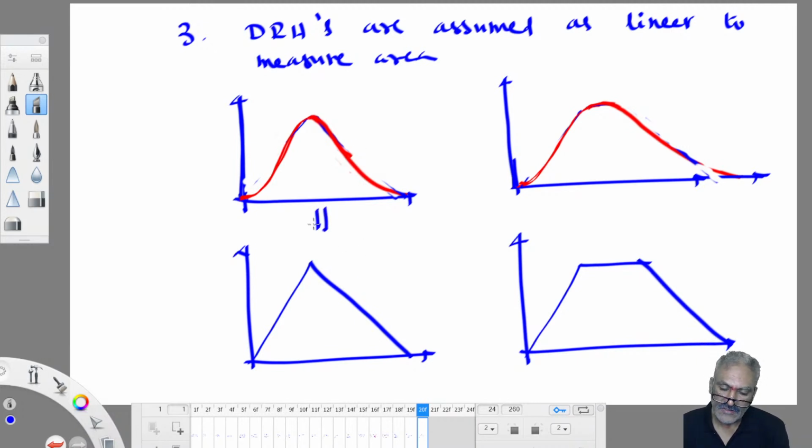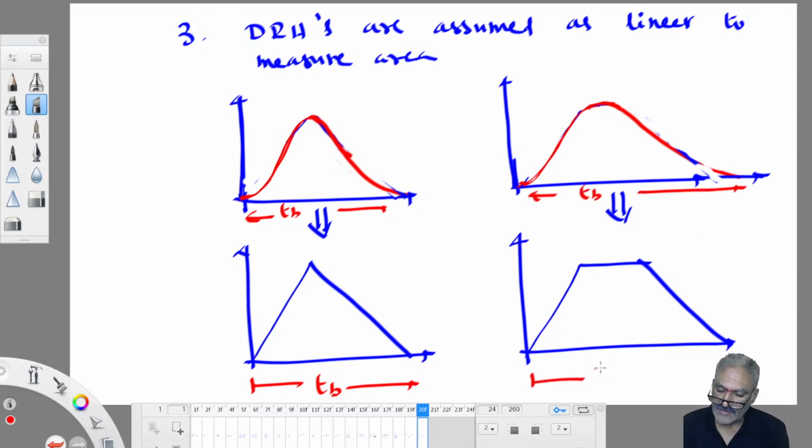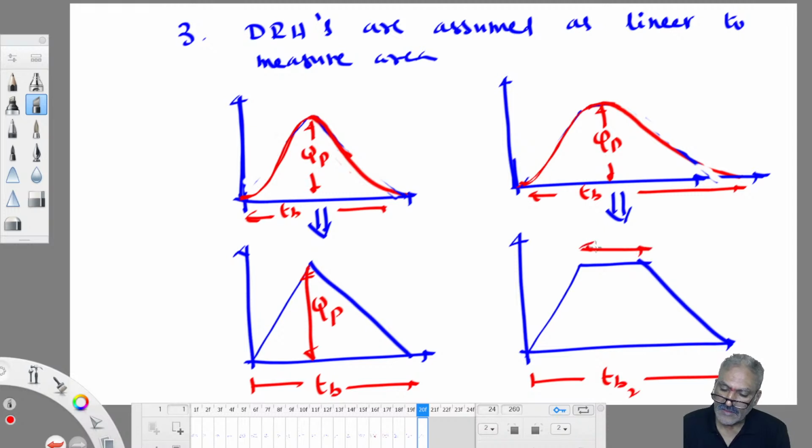So this is reduced into this one, this is reduced into this one. So therefore we can comfortably measure. It has got TB, the same TB, here also same TB. This is TB, base time. This also has TB, base time. Same TB it is also. So this has got a peak QP, the same QP we will take. A small error would be there, but okay. Idealized, you get a small amount of error. So here two TBs will be there: TB2, and the top is given as TB1. And only one peak, this is the peak.